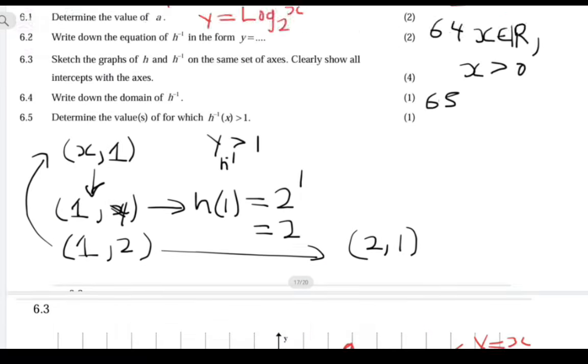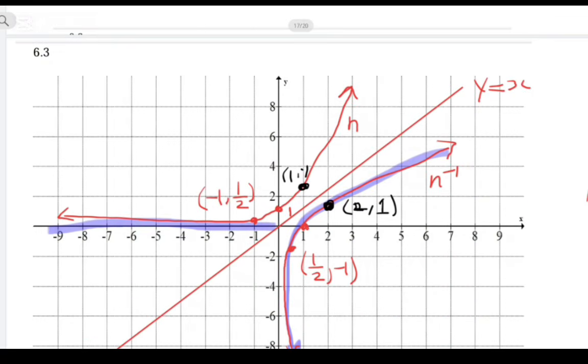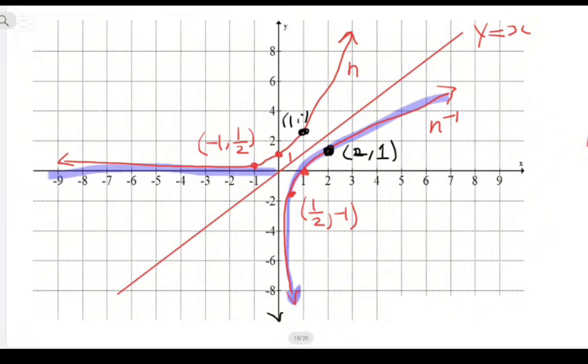So what they are basically asking here, they're asking for the values of x for which h of x is greater than 1. So remember, this is y, where y of h of negative 1 is greater than 1. So we can just come here and just take a look at this. So 1 is this one, and they want the values of x where this is greater than 1.